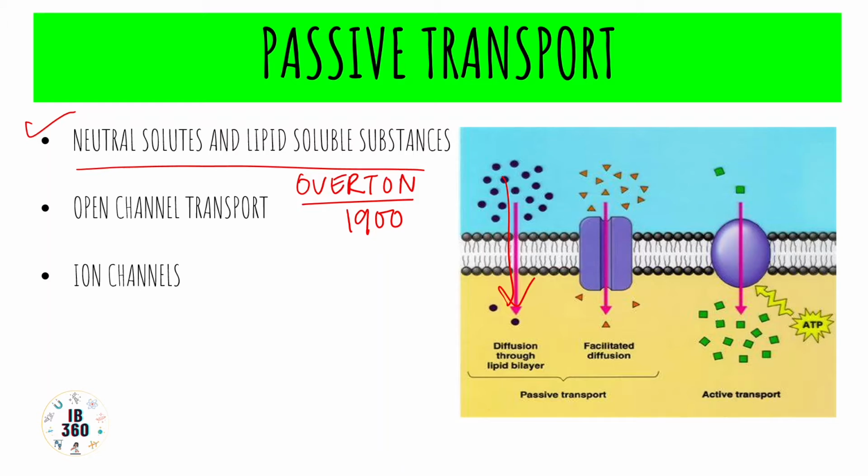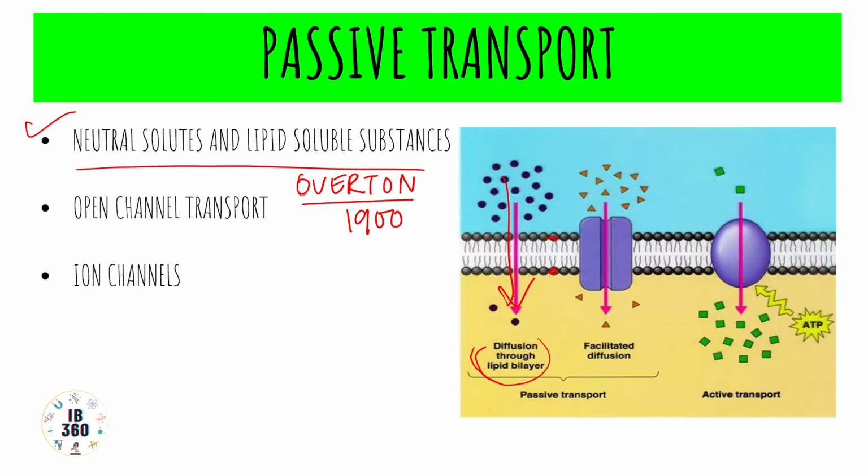We have studied the fluid mosaic model by Singer and Nicolson. But the first discovery about these lipids inside the cell membrane was proposed by Overton in 1900, mainly on the basis of this free movement of lipids across the bilayer.